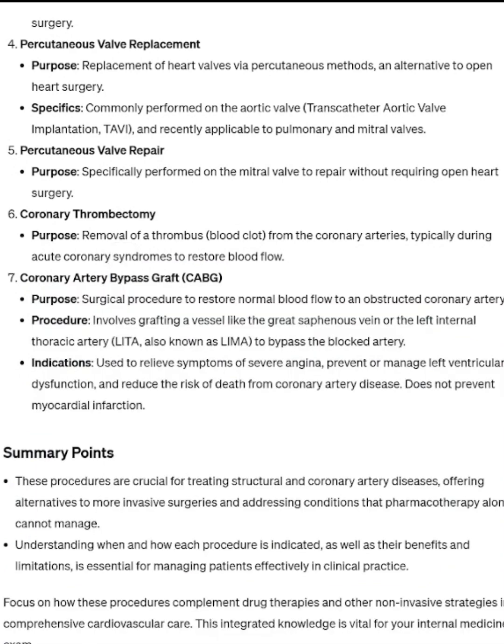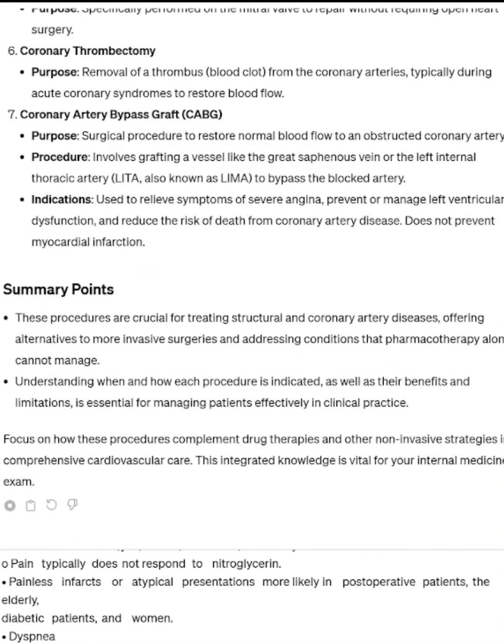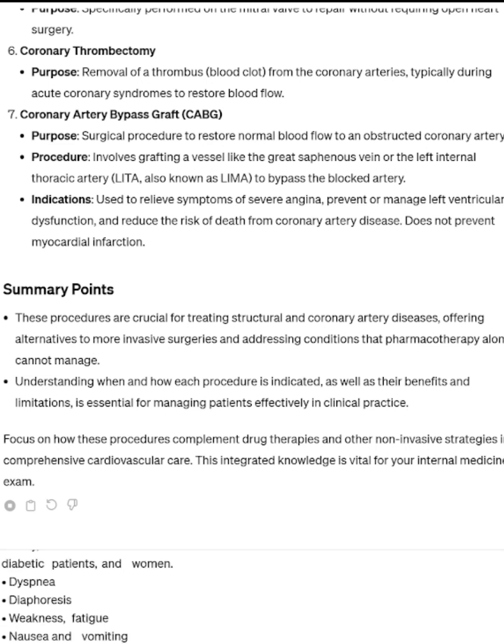Specifics: commonly performed on the aortic valve, transcatheter aortic valve implantation, TAVI, and recently applicable to pulmonary and mitral valves. 5. Percutaneous valve repair. Purpose: specifically performed on the mitral valve to repair without requiring open heart surgery.